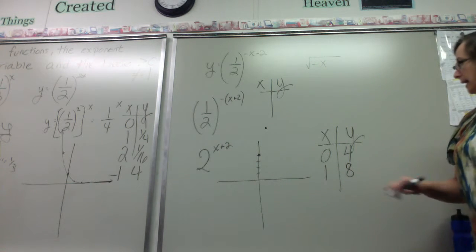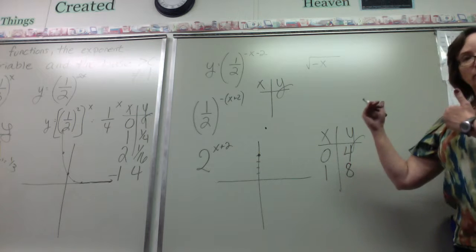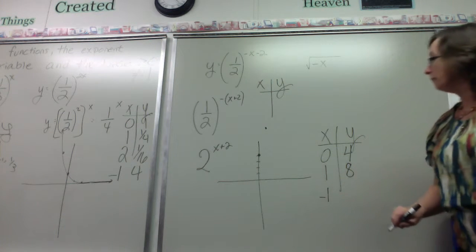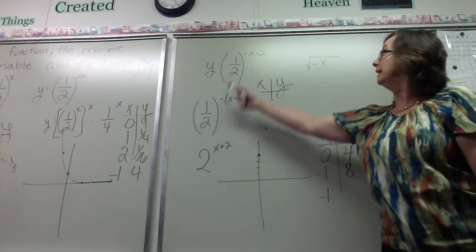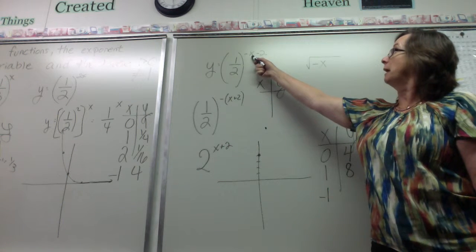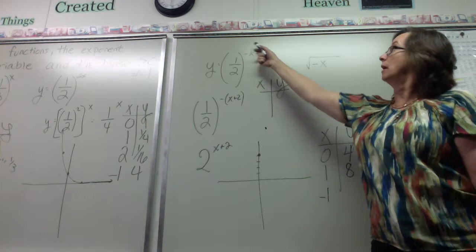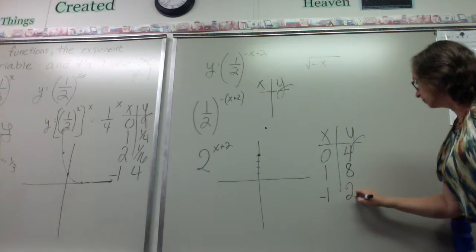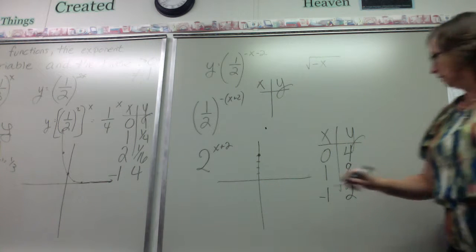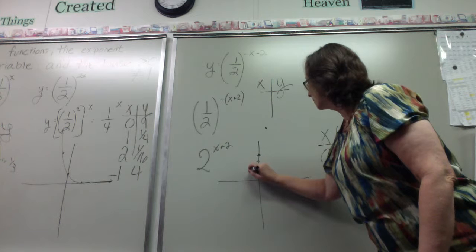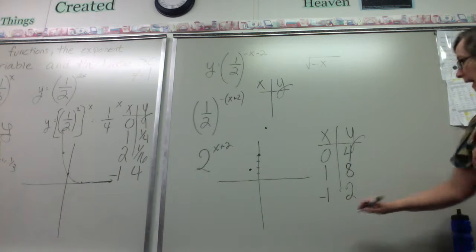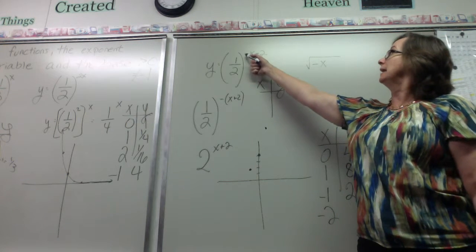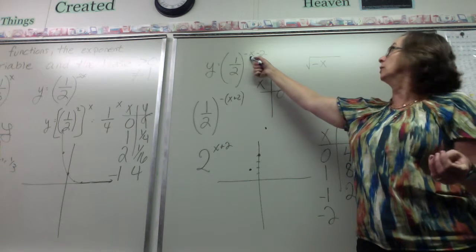Okay, 1, 8. Now, since it's increasing to the right, let's look and see what it does to the left. When I plug in a -1, this right here becomes a +1 minus a 2, altogether a -1, and 1/2 to the -1 is a 2. Okay, and then a -2 is going to make this a +2.